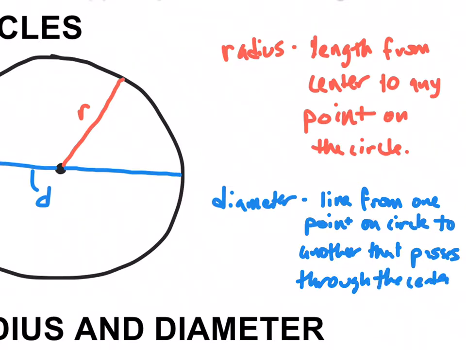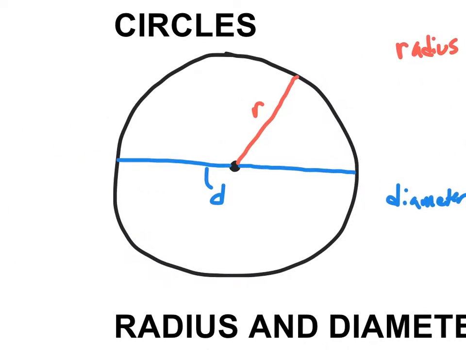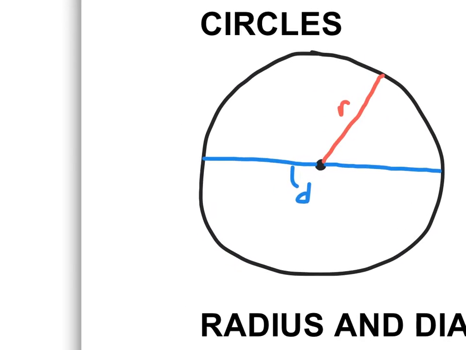There's a relationship between the radius and the diameter. What you'll notice here is that the same length that I have here for the radius would be the same length as this half of the diameter, and it would be the same length as this half of the diameter. So what I know is this: if I take 2 and multiply it by my radius, that would give me my diameter.